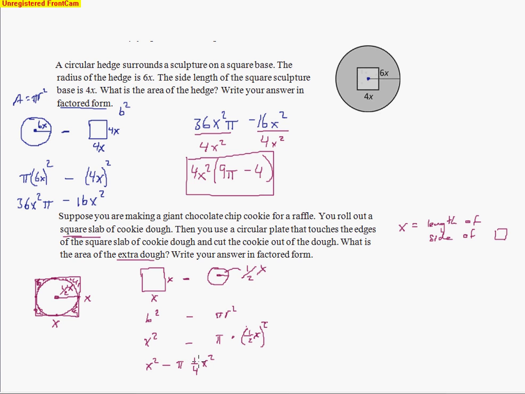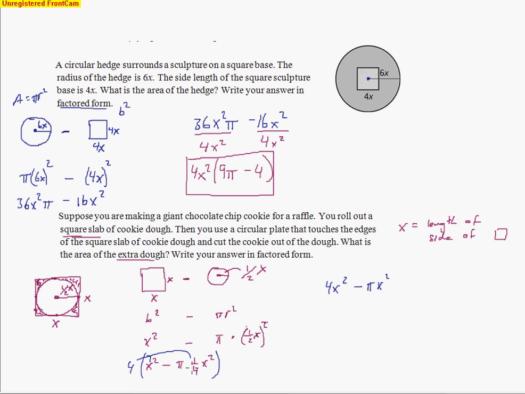So they say to factor. One thing about simplified form is typically we don't like the fractions in there, so you can get rid of that fraction. The way I'm going to do it is to multiply by 4. If I multiply by 4, then each term I end up with a 4x squared here, but this becomes minus just pi x squared, because the 4 multiplied by the 1/4 cancel each other out to make 1.